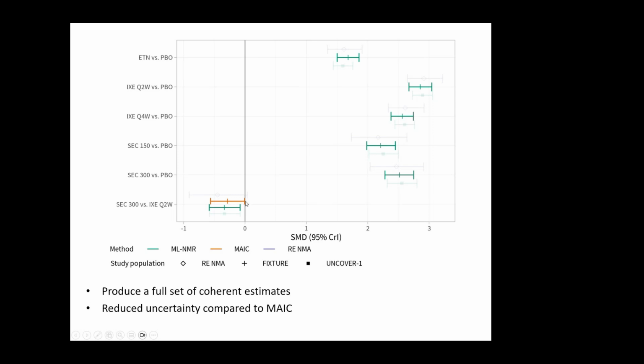So before we were just about grazing the null, and here with the ML-NMR, we're using a lot more information, so we are getting some reduction in uncertainty. And also, in general, regression adjustment is more statistically efficient than weighting as well. So there's a little bit of a gain here from using the ML-NMR.